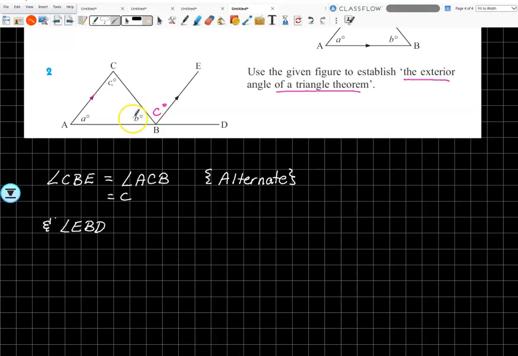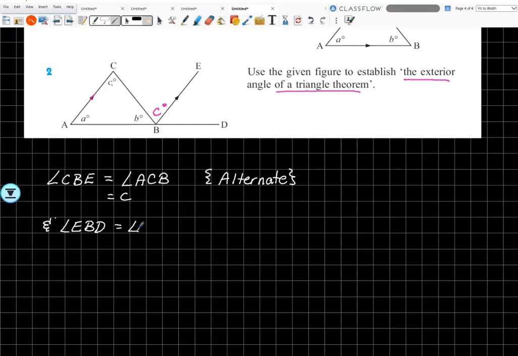Right, so you could also say A plus B plus C has to equal 180 degrees because 180 degrees in a triangle. And so I've got B and C. This is a straight line that has to also be A because 180 degrees in a straight line. But you told me corresponding first.